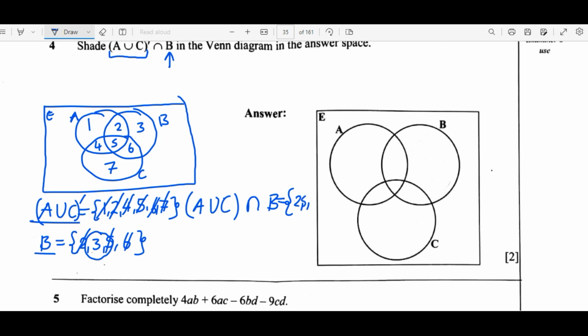Then what else? 6. So this means that the elements that are found in A union C, including this, must not be part of the solution. You can see that the only number that is remaining is 3. This is our point of consideration. This is where you are supposed to shade. So that's our answer here.